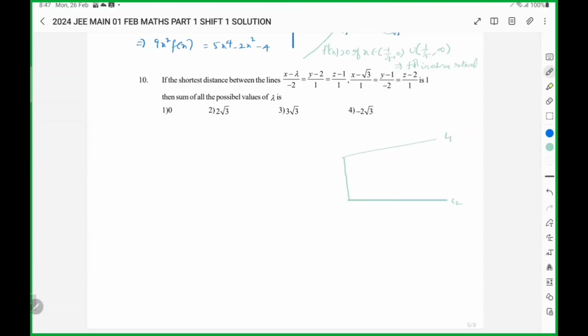It is passing through the point lambda, 2, 1, another is passing through the point 2, 3, 1. So it is the shortest distance line L.